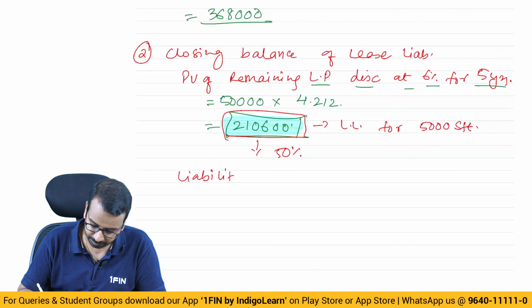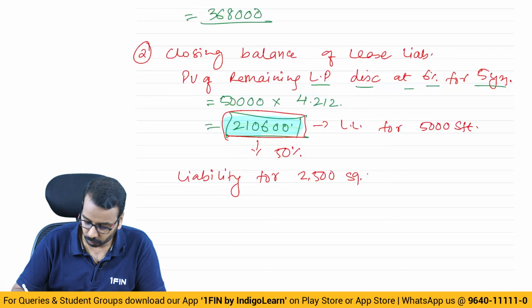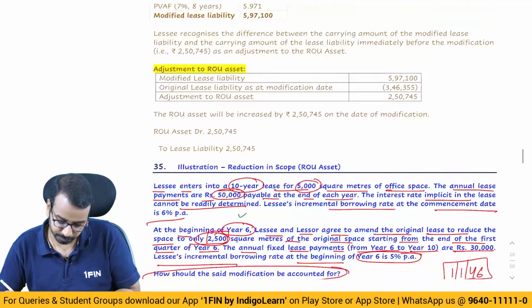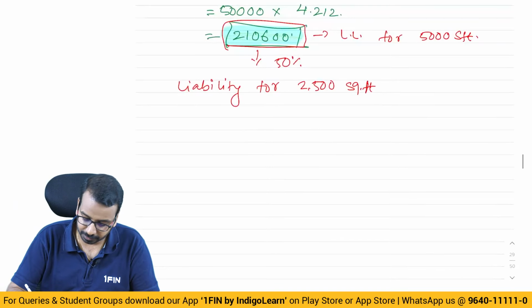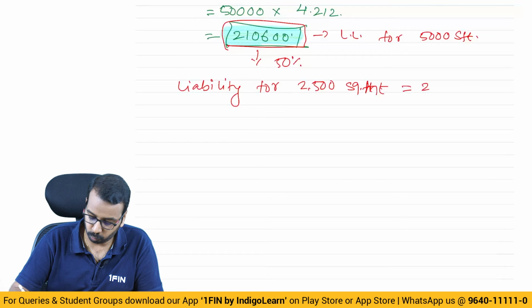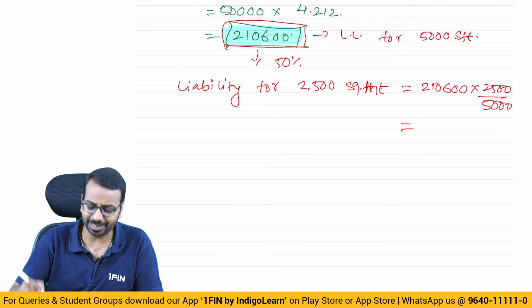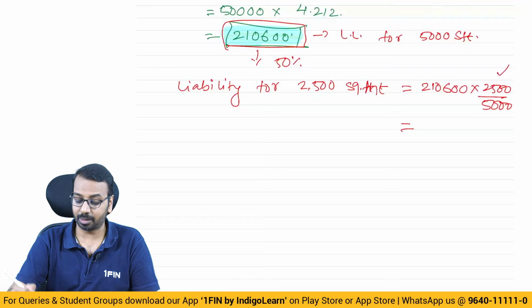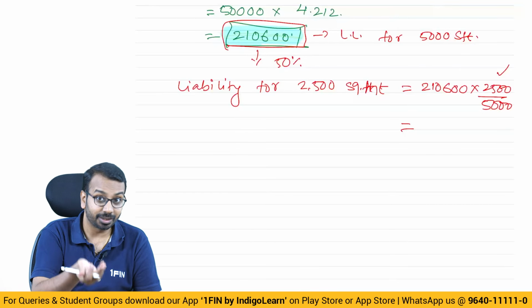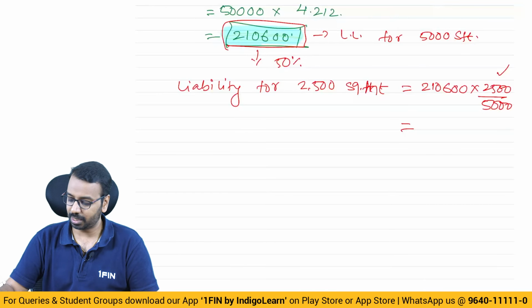So the liability for 2,500 square feet is 2,10,600 into 2,500 divided by 5,000. Or you can directly take 50% here, because sometimes it may happen that we continue with 3,000 or 4,000, so that is an easier way.